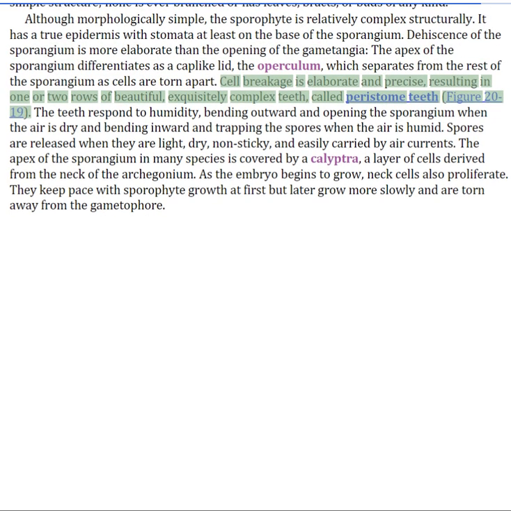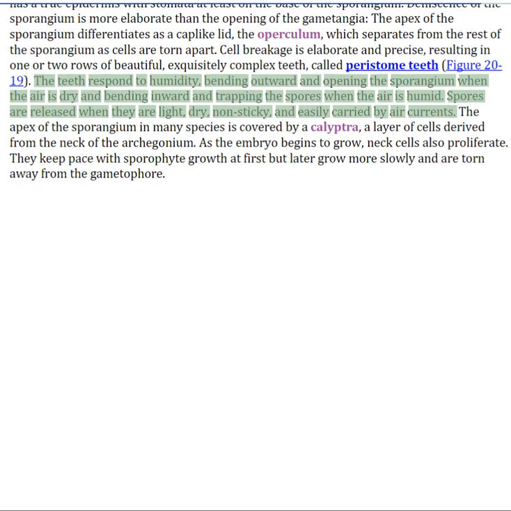Cell breakage is elaborate and precise, resulting in 1 or 2 rows of beautiful, exquisitely complex teeth, called peristome teeth. The teeth respond to humidity, bending outward and opening the sporangium when the air is dry and bending inward and trapping the spores when the air is humid. Spores are released when they are light, dry, non-sticky, and easily carried by air currents.